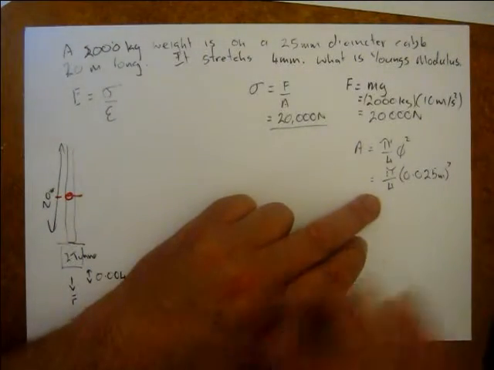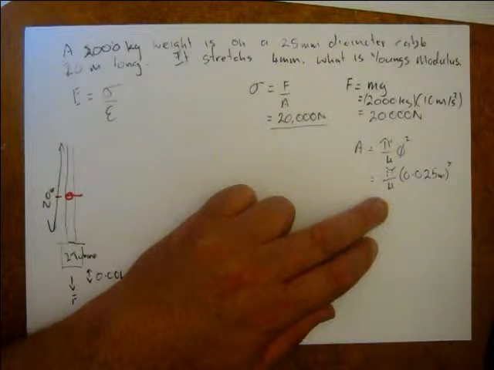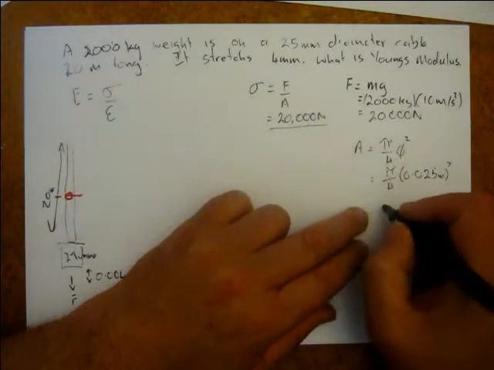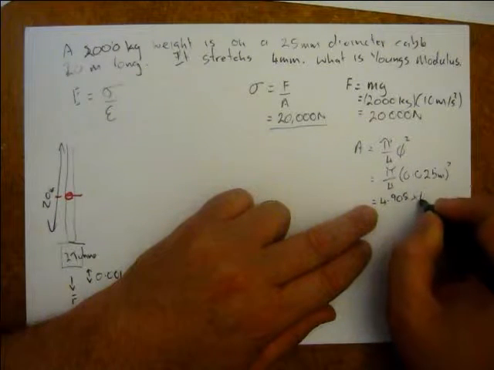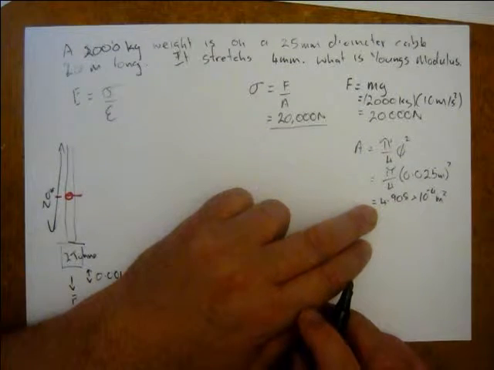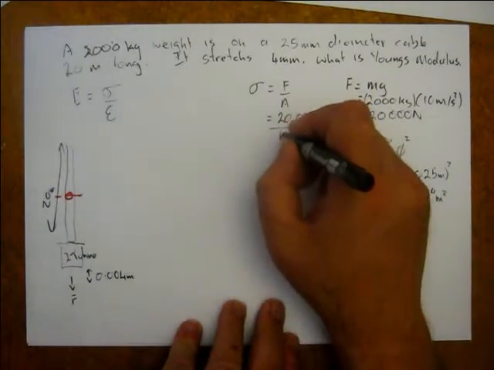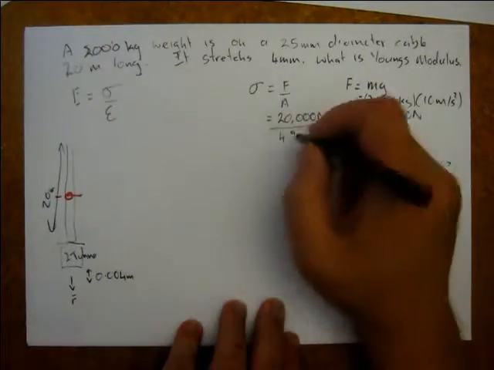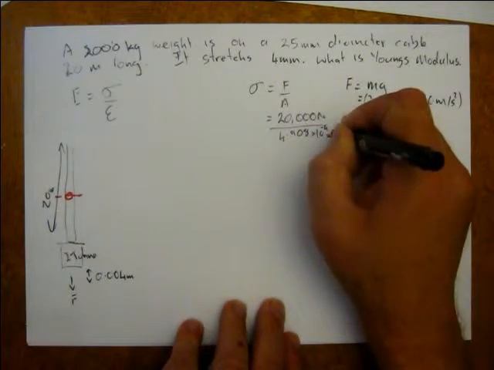So we work out how much steel is holding that weight. Pi divided by 4 times 0.025 squared equals 4.908 times 10 to the negative 4 meters squared. Does that seem reasonable? Yep.